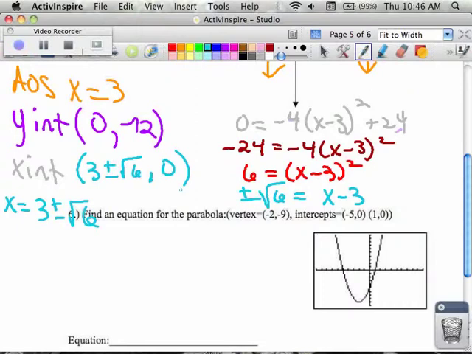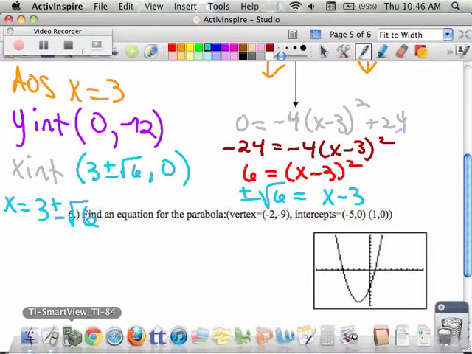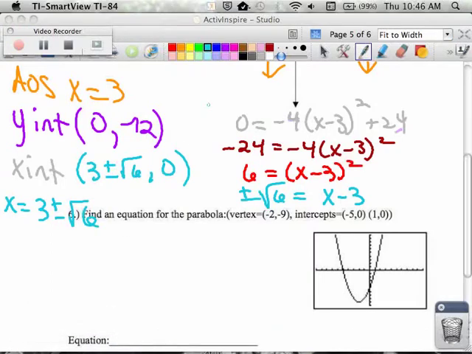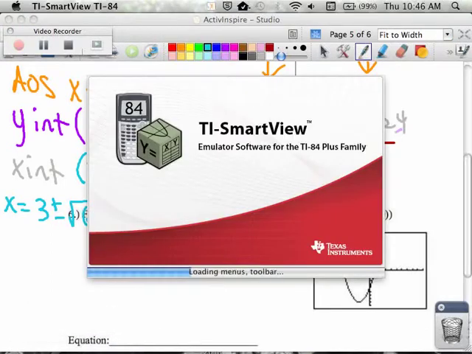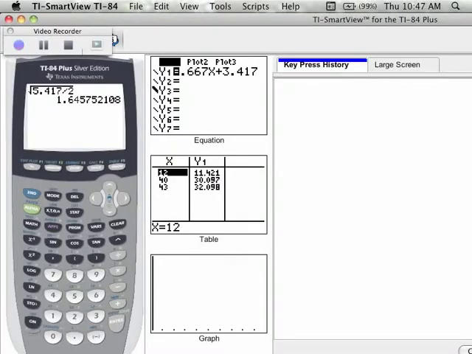So in addition to this, I'm also going to show you how to do the calculator method. Now grab your calculator. In y1, put down 0. In y2, put down the other side of the equation.